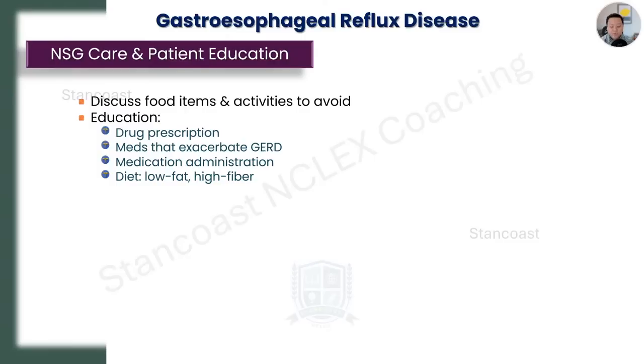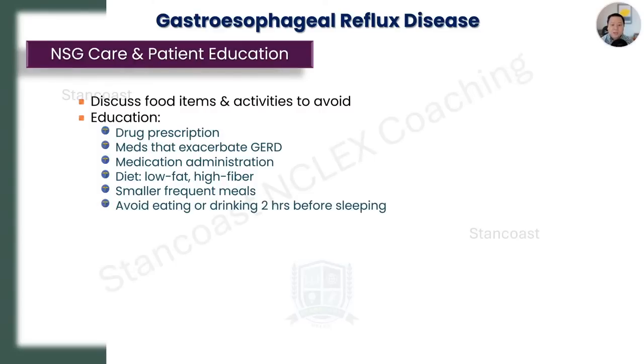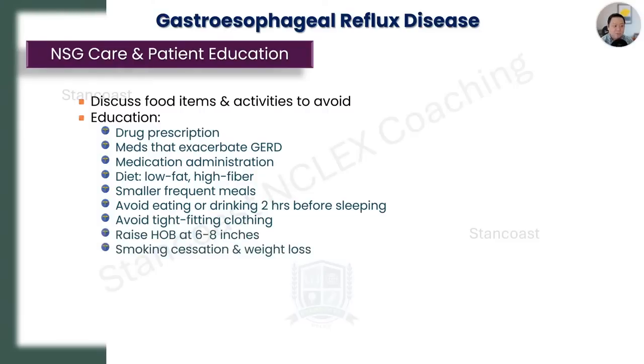Now, we're going to have to recommend smaller portions of meals, more frequent meals to prevent stomach bloating, and also to advise the patient against wearing tight-fitting clothing, and also avoid eating and drinking 2 hours before sleeping, and to make sure that they're elevating the head of bed at least 6 to 8 inches using blocks or pillows in order to prevent the reflux, and also to advise them to stop cigarette smoking.